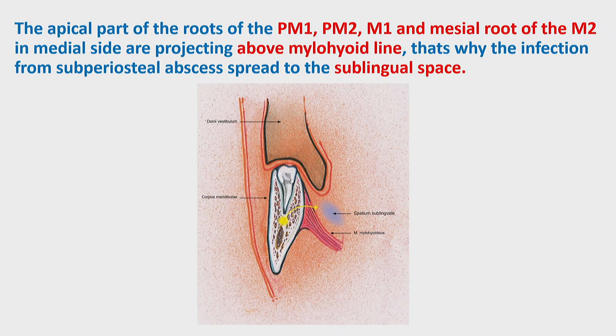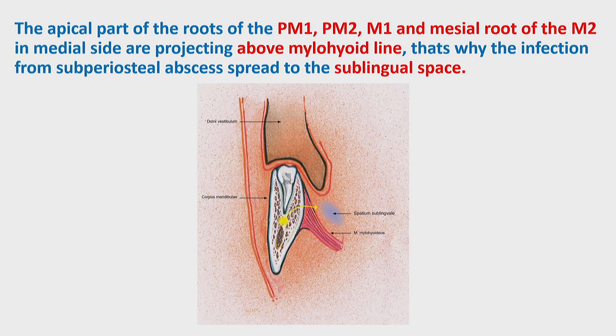A lot of people can laugh, but it happened, and again it will happen if you don't treat it. So if the apex of the tooth is above the mylohyoid muscle attachment, the infection goes to the sublingual space, to that space that we said.